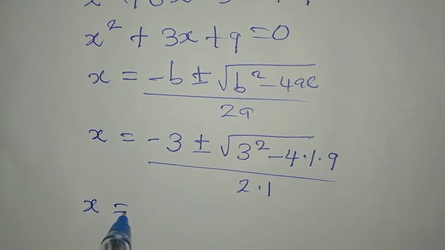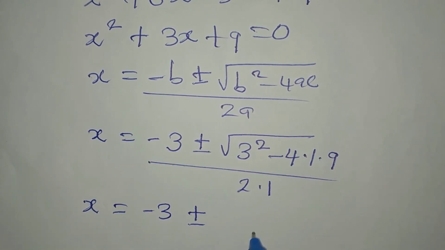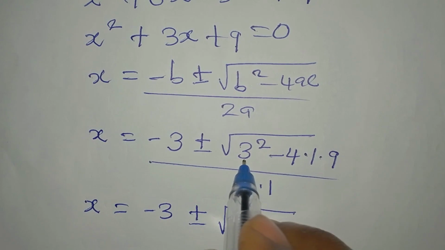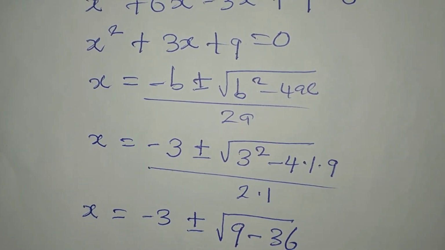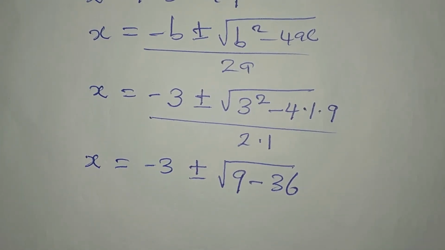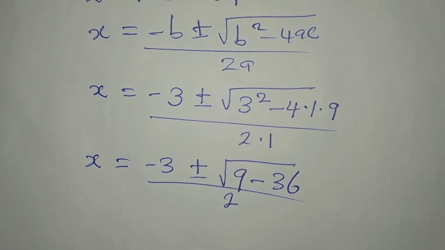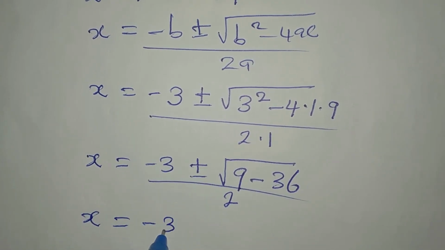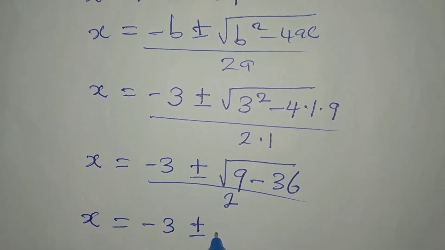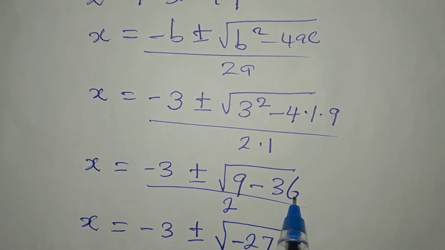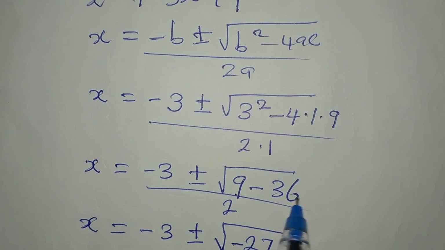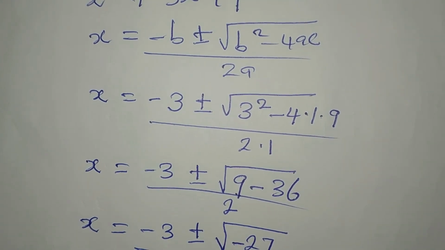Now x is equal to minus 3 plus or minus, we open this, 9 minus 36 is in the bracket because 3 squared is 9 and 4 times 1 times 9 is 36. Then we divide this by 2. X is now minus 3 plus or minus square root of negative 27, because 9 minus 36 is minus 27, so we divide this by 2.